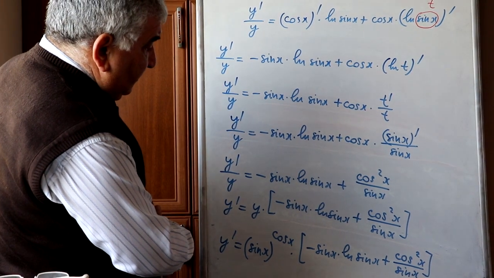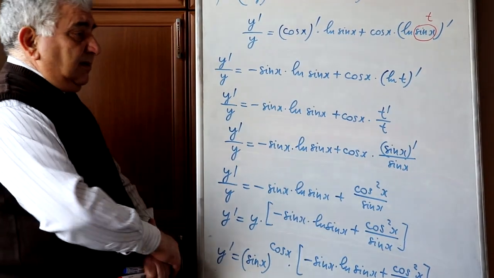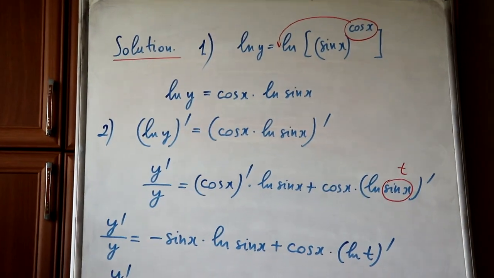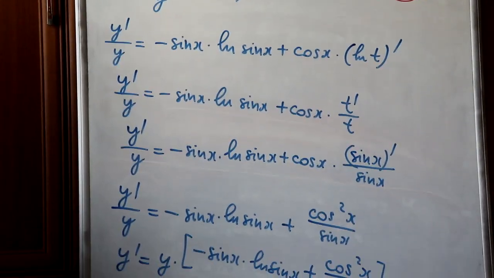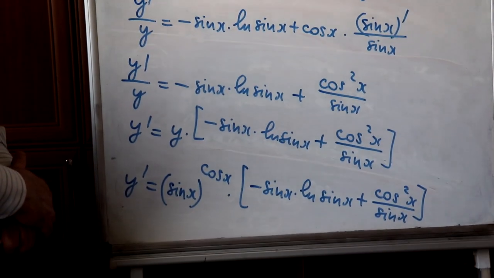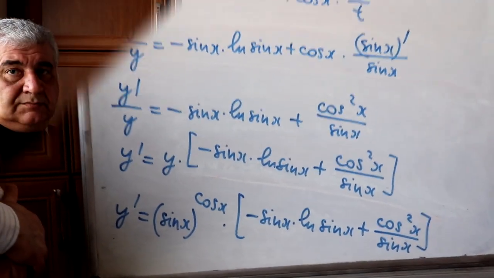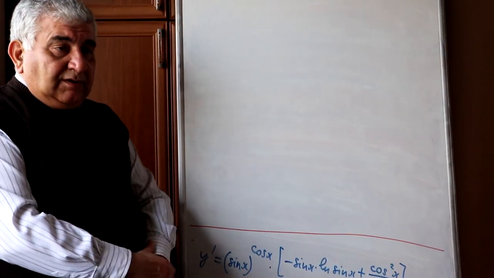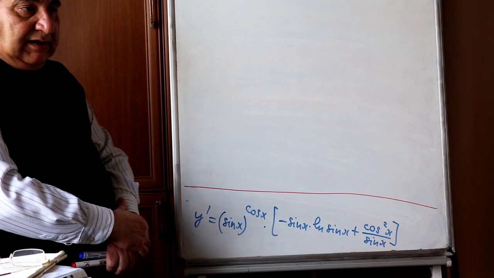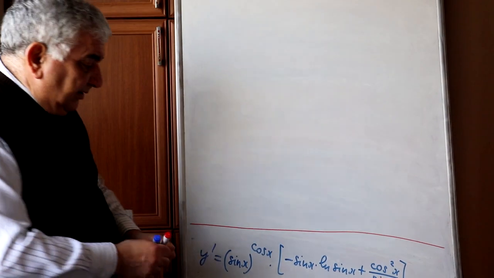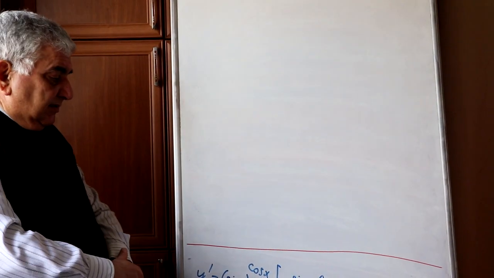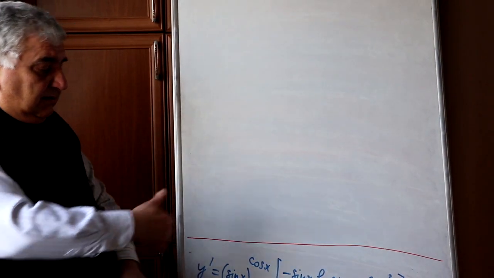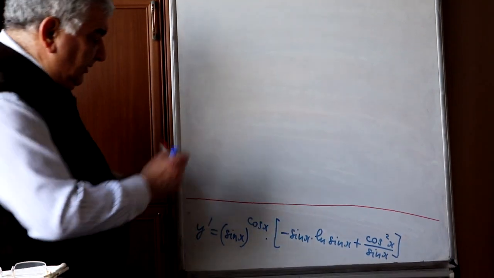Please rewrite these records. Further, calculate the value of the obtained derivative at the point pi in half. For this we must substitute pi in half instead of x in the last expression.